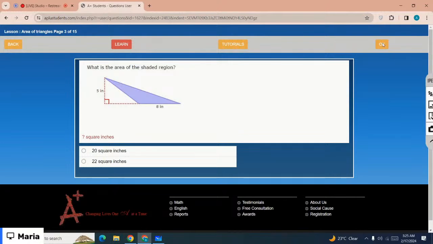Yes, that is 20 square feet. You have to do 8 times 5. 8 times 5 is 40 and 40 divided by 2 is 20. The correct option is 20 square inches. Option number 1 is the correct option, right?